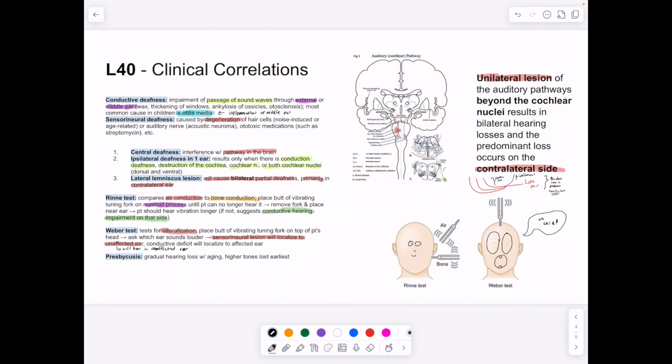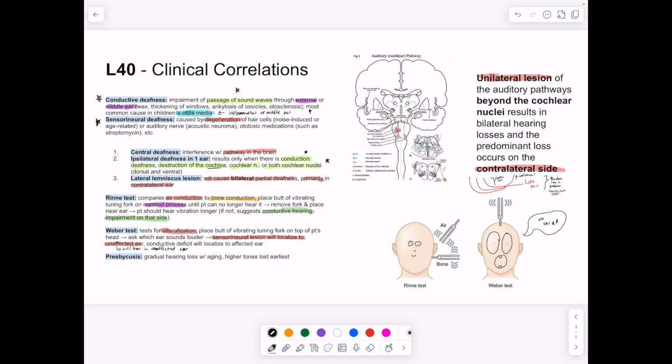All right, so then clinical correlations, relatively straightforward. Conductive deafness is when you have impairment of the passage of sound waves. Generally in kids, this is from otitis media, so inflammation of the middle ear. If you have ipsilateral deafness, so deafness on one side, this is when there's conduction deafness, so destruction of a structure inside of the ear itself.